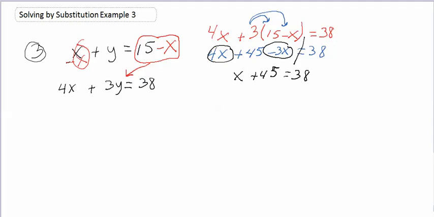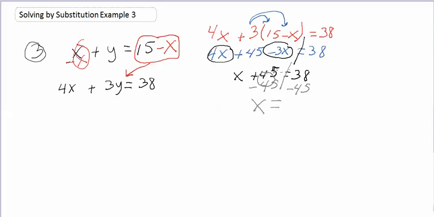Okay, continuing, I need to move the 45 across the equal sign because I need to get x by itself, so I'm going to subtract 45 from both sides. Again, the 45 is gone, it's a 0. I just have my x left.